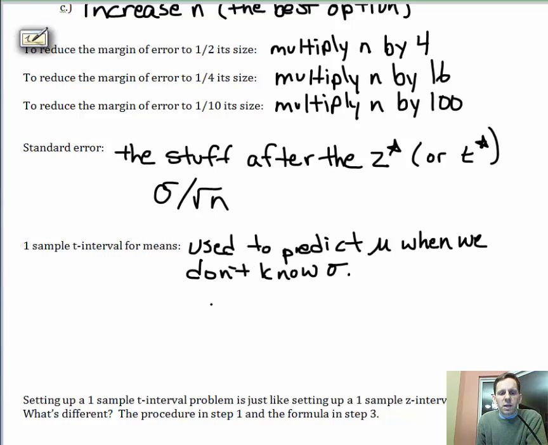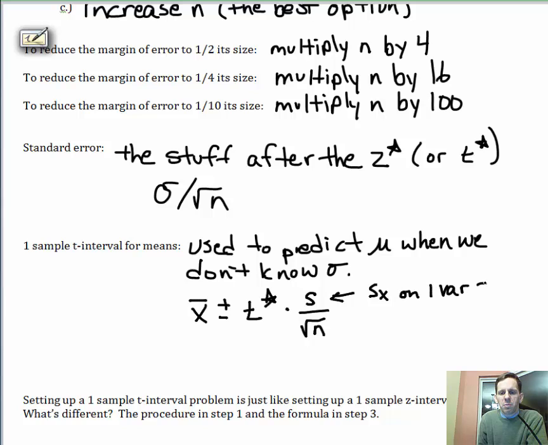The formula for a one sample t interval for means is x bar plus or minus t star, a different value this time, which I alluded to earlier. And instead of using the population standard deviation, we're going to use the sample standard deviation, s. You can find s on your calculator if you use 1-Var Stats by looking at the Sx value. This is your sample standard deviation, and we'll use this in this problem.